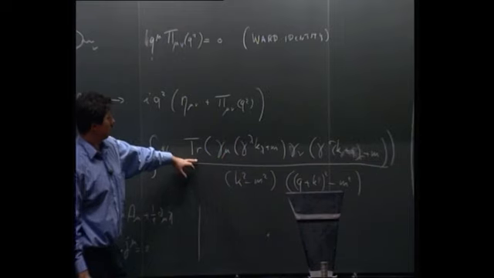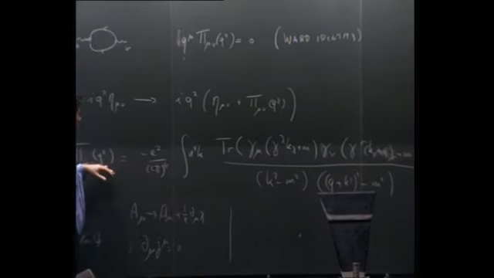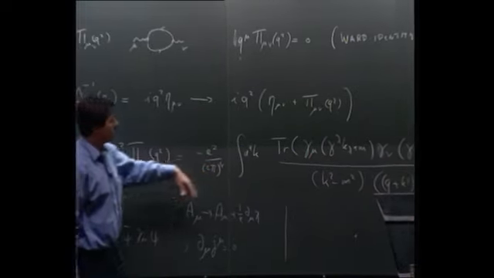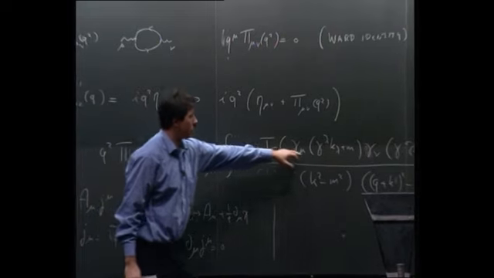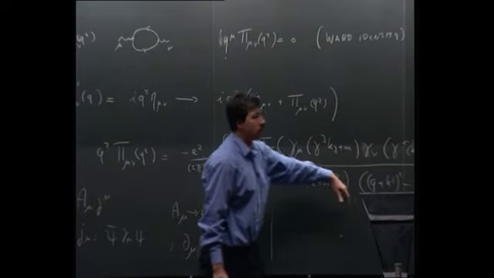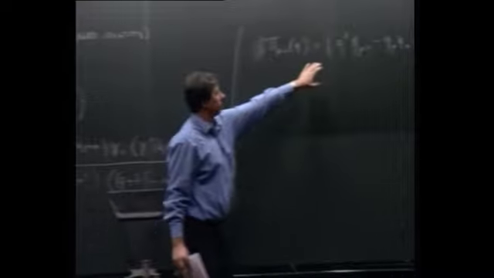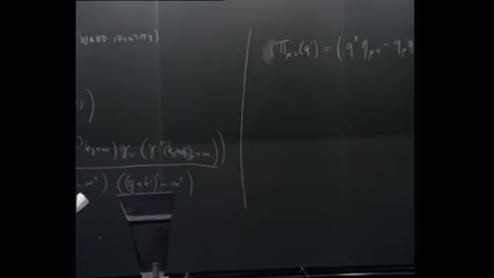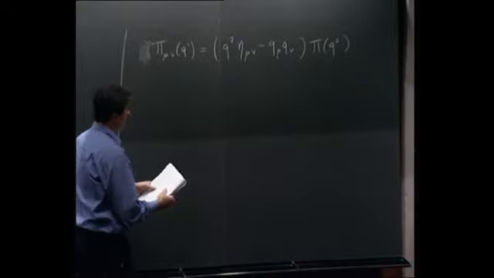Well, actually there's the expression which I had originally for pi mu nu of q squared. Evaluating this using the gamma trace identities, you indeed find it does have this form, and I won't go through the gamma matrix algebra.